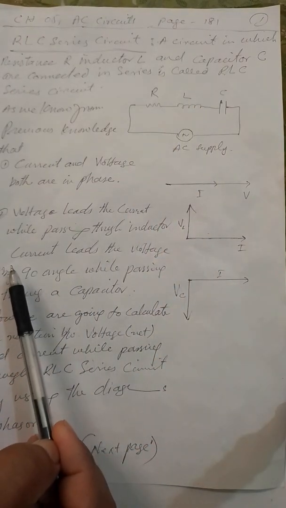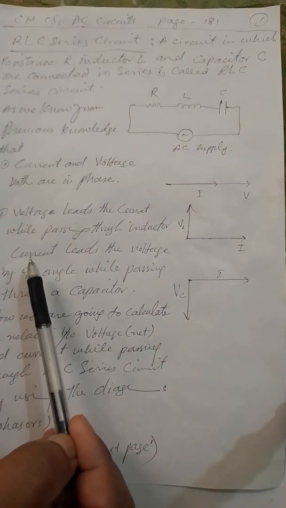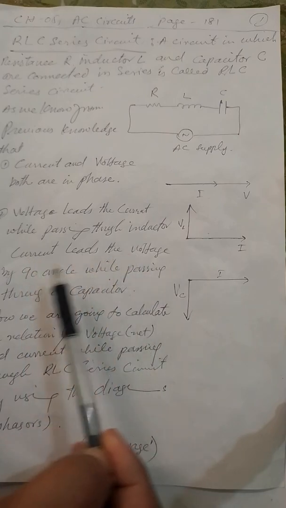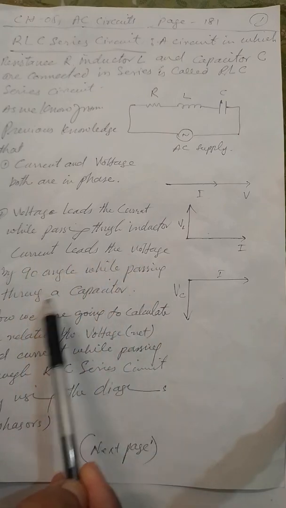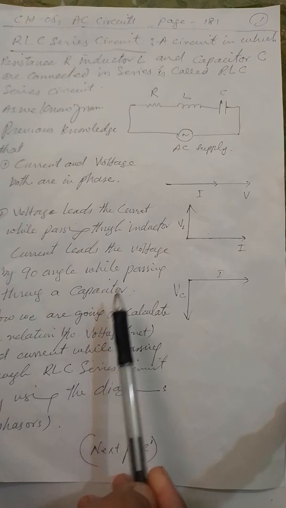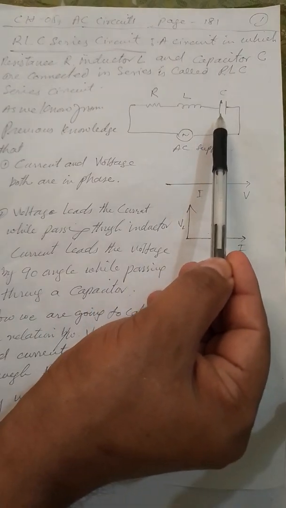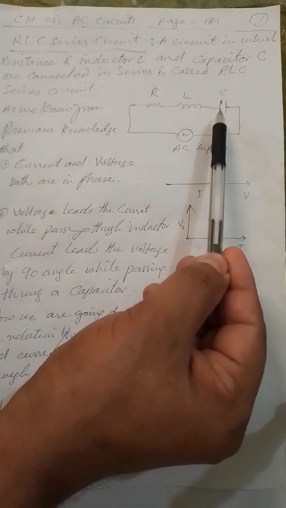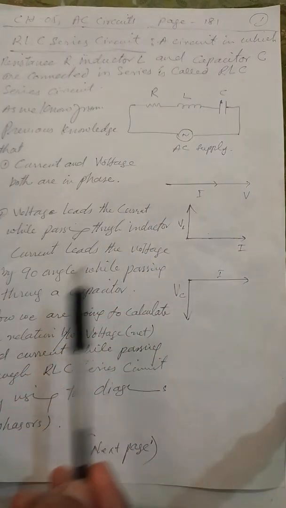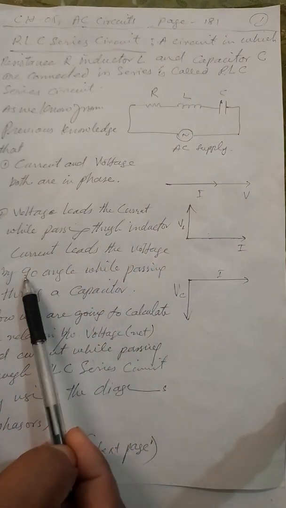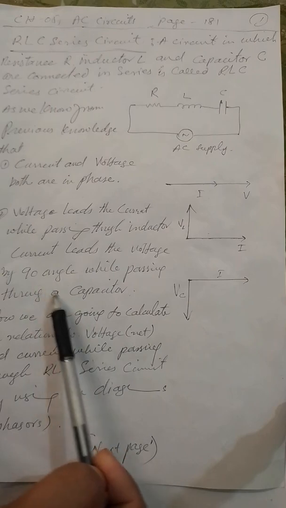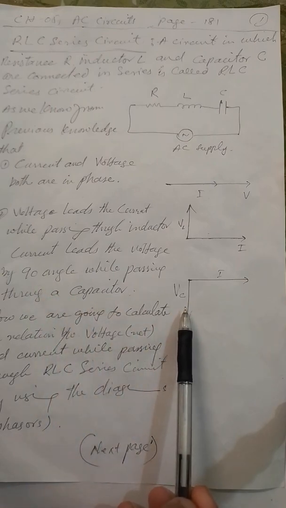The third individual result is that the current leads the voltage by 90 degrees while passing through a capacitor. So this is the diagram for the capacitor.